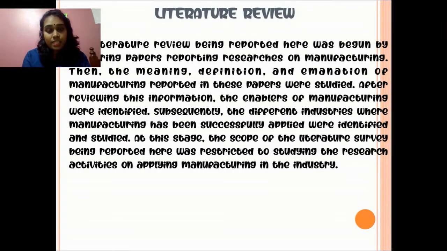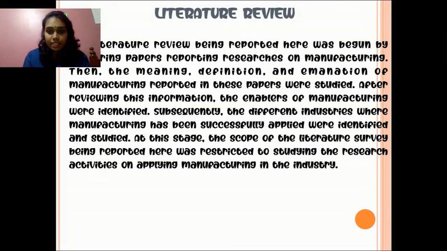Now I would like to explain the literature review. First, questionnaires were supplied in the form of Google documents. Then the meaning, definition and limitations of manufacturing reported in the papers were studied. Then the information review was collected, enabling the manufacturers to be identified.